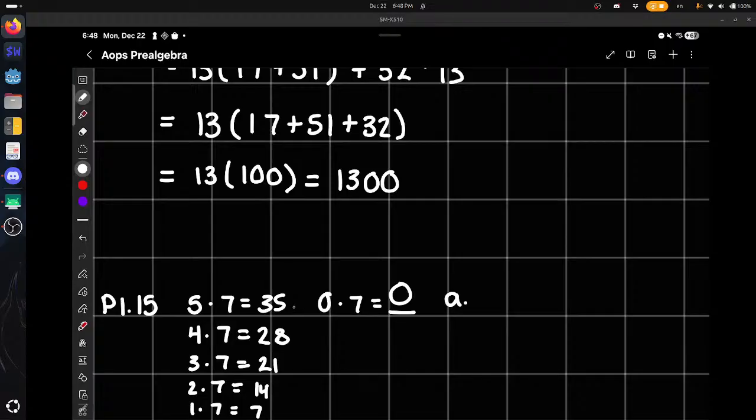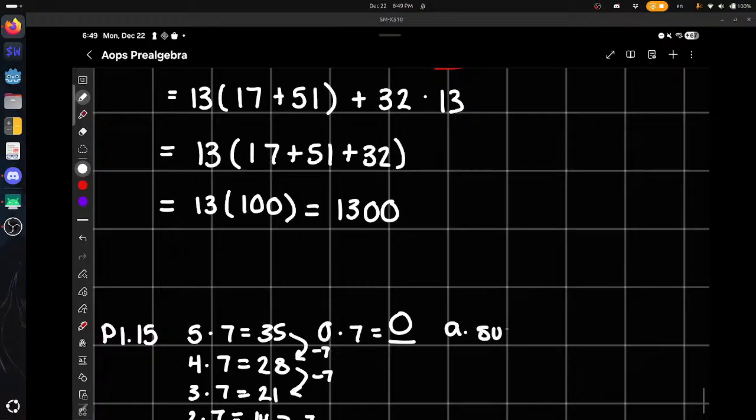Well, when we look at the numbers, we see that it's just subtract 7. So the next number is just subtract 7 from 7, which gives us 0. So subtract 7, that's the pattern.